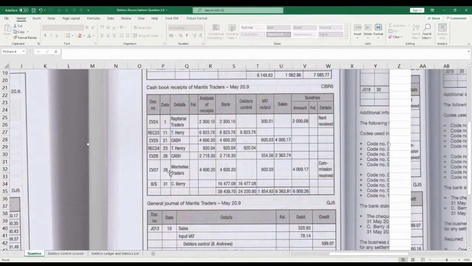If I complete the debtors control account, which column in our cash book receipts will I use for my debtors control account? Okay, so Mbali thinks it is the bank account.